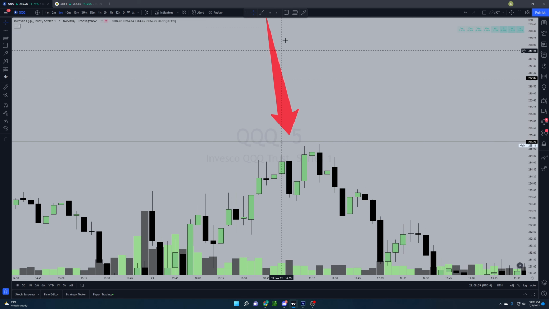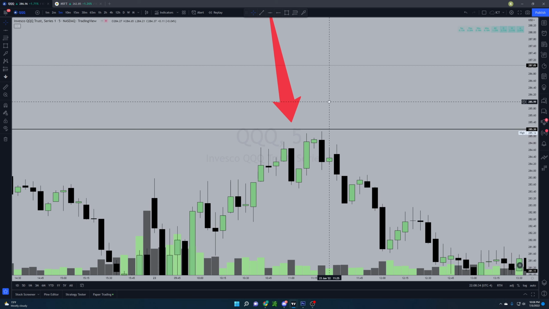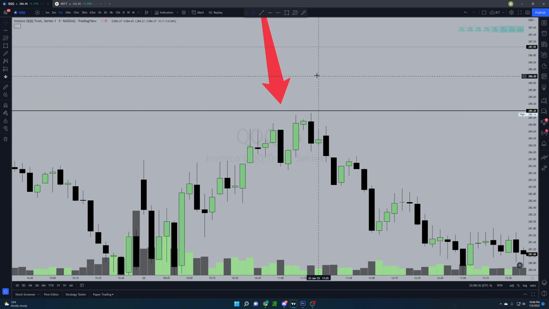So somebody tell me what this candle right here is. We just went over this one too. There you go, bearish engulfing. Right? So obviously bearish engulfing right at resistance, not a good look for bulls or for upside, right?